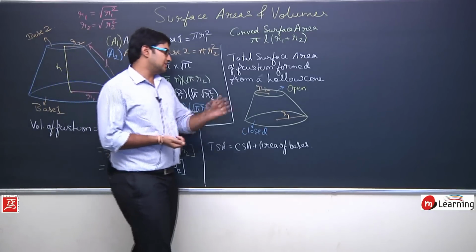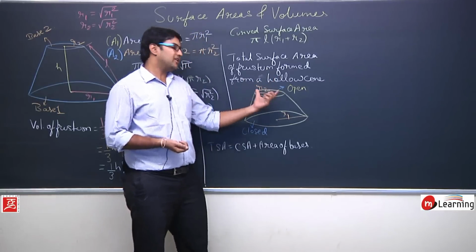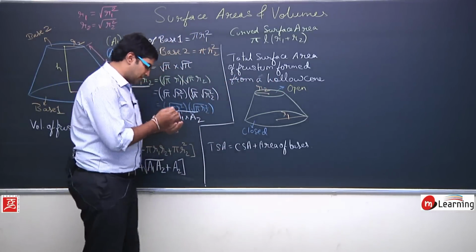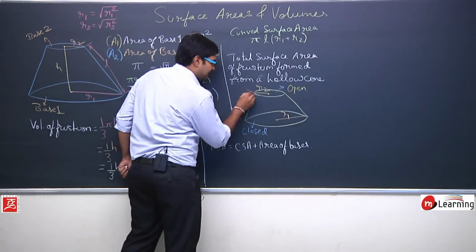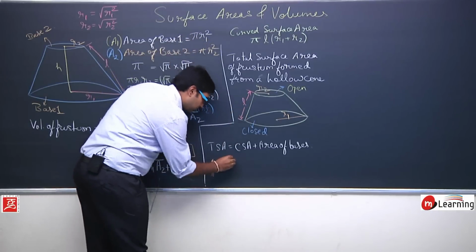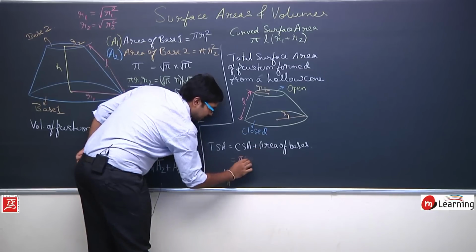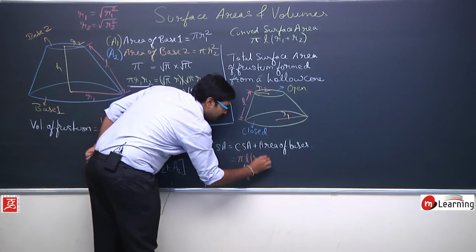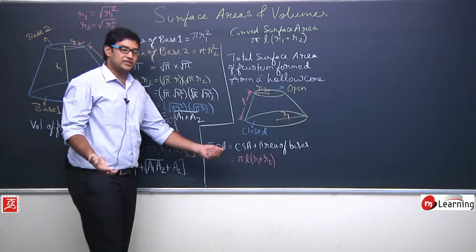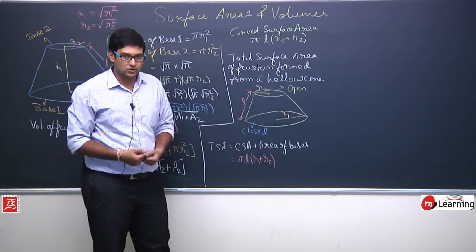But since this base 2, this R2 base is open, I will not consider this for total surface area. So the total surface area will become, and this is the slant height, let us mark the slant height as L. The curved surface area is the same as that we have previously derived, pi L into R1 plus R2. This curved surface area will remain the same whether it is a hollow cone or a solid cone.